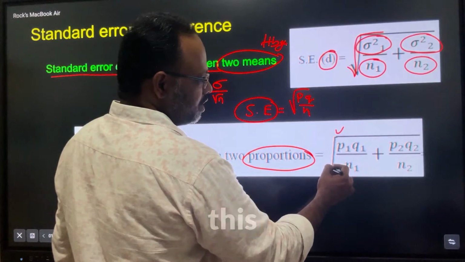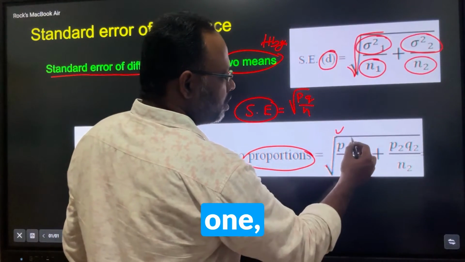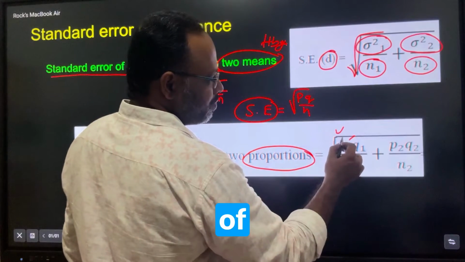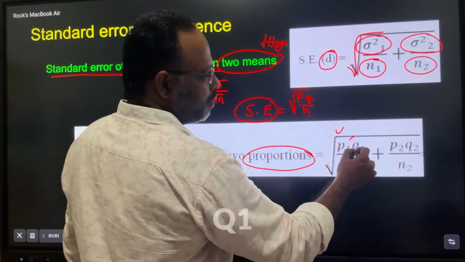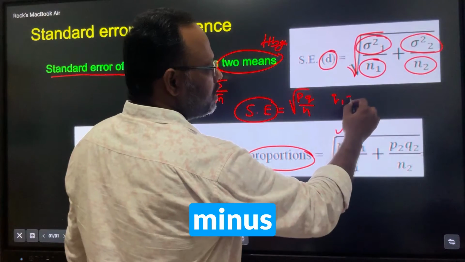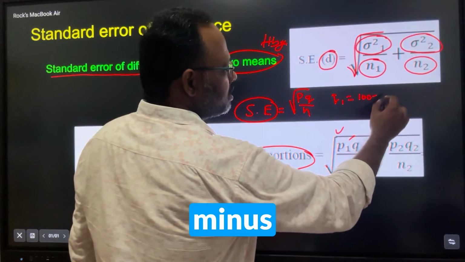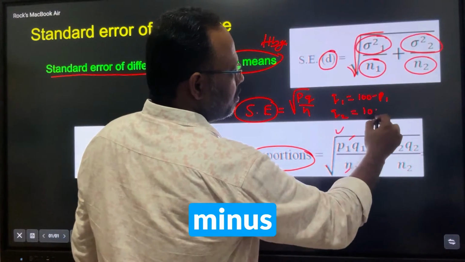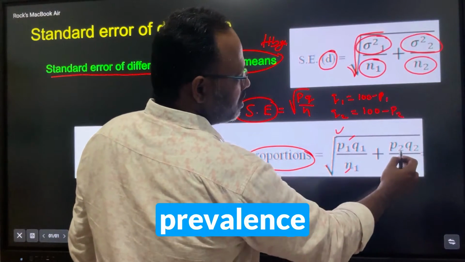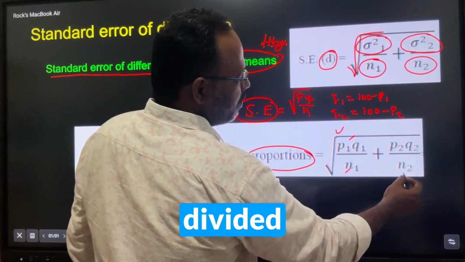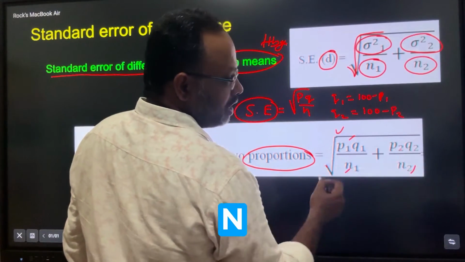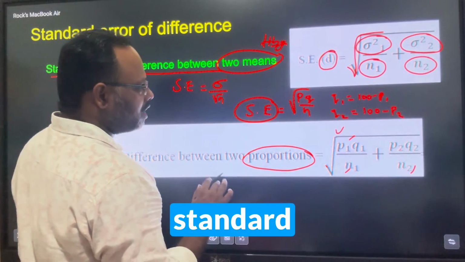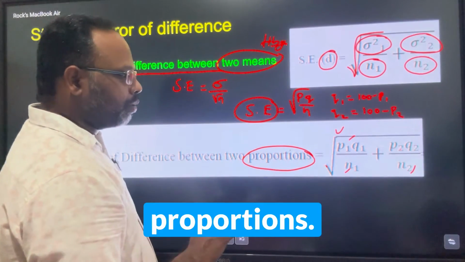That is, we have to take the square root of P1 Q1 divided by N1, where P1 is the prevalence of the first group, and Q1 is 100 minus P1, or 1 minus P1. Same way Q2 is 100 minus P2, so P2 is the prevalence in that group, and Q2 divided by N2, where N is the sample. So likewise we get the value of standard error of difference between two proportions.